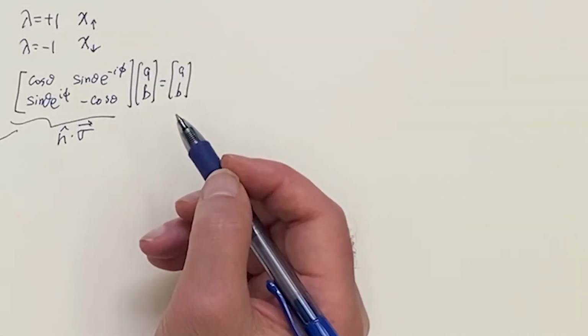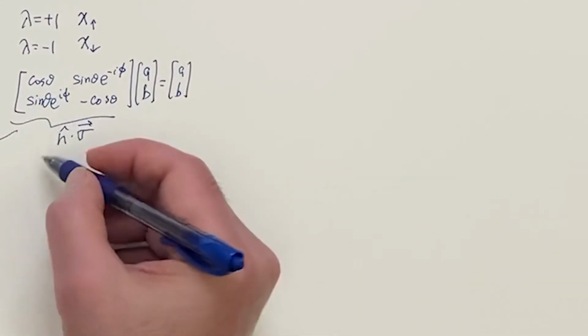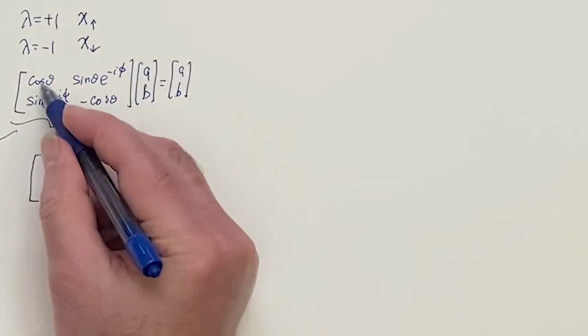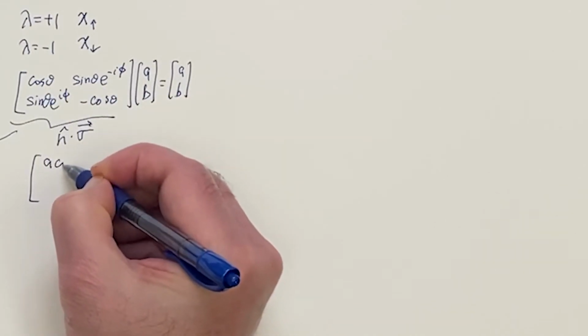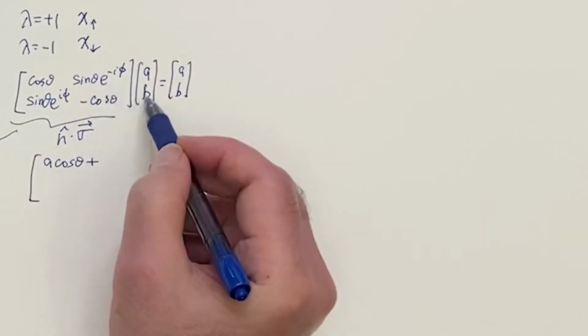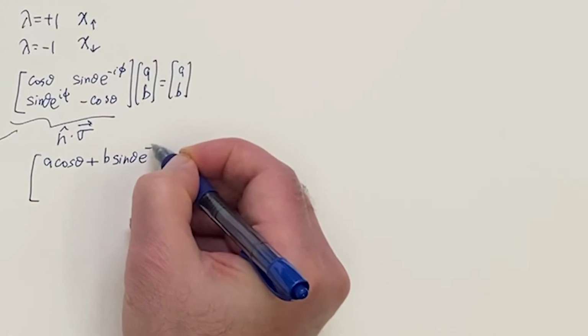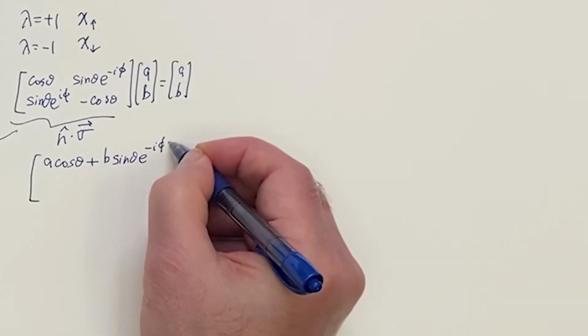Now it's time to do the math. If you multiply this out, you'll get cosine theta times A plus this stuff times B, so B times the sine of theta, e to the minus i phi.